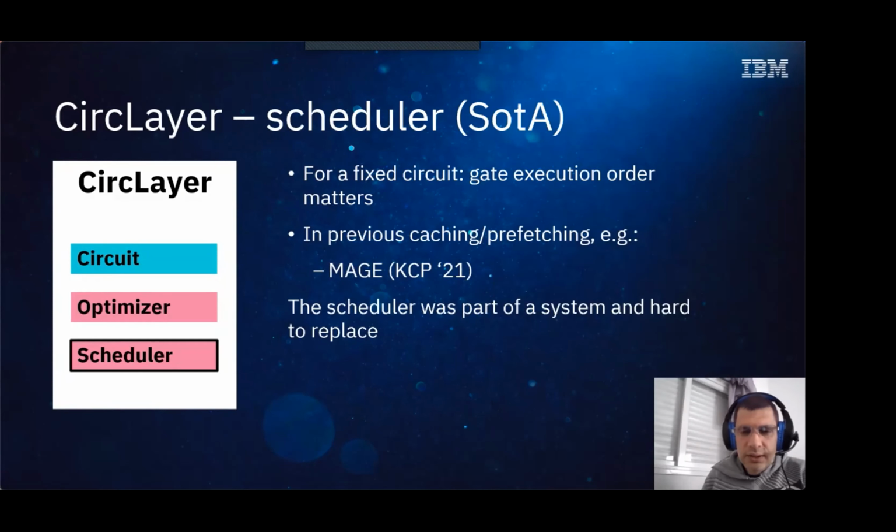The state of the art is Mage, which was presented in USENIX last year. They showed a system that, as a pre-processing step, executes a circuit and records the access pattern to the memory, where and when each ciphertext was accessed.